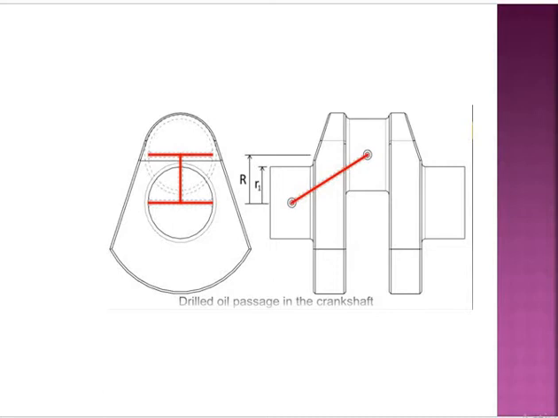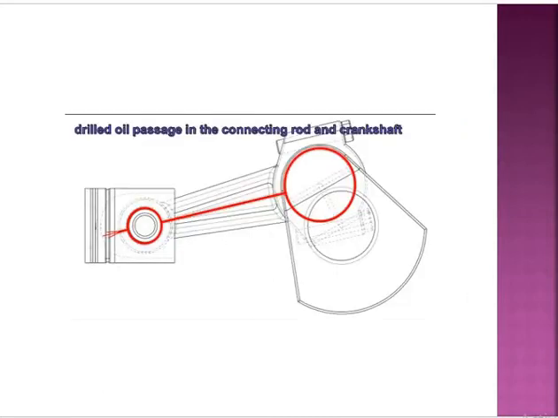here one more diagram is there: drill passages in the connecting rod and camshaft. Why, we have clearly shown over there. Generally this is manufactured from forged steel, and some connecting rods will be manufactured from cast iron also.